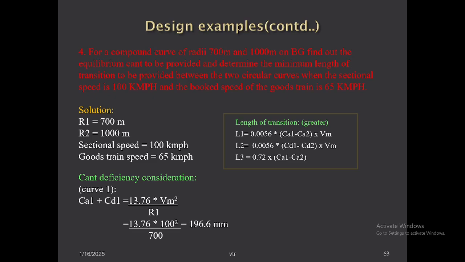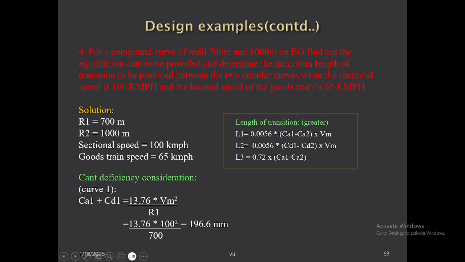That is the usual procedure. But for the length of transition in between the two curves, we have seen a different set of formulas. Here the first one, as usual, of 3 conditions: L1 equal to 0.0056 into (CA1 minus CA2) into VM, that is, cant actual of the first curve minus cant actual of the second curve, into VM.